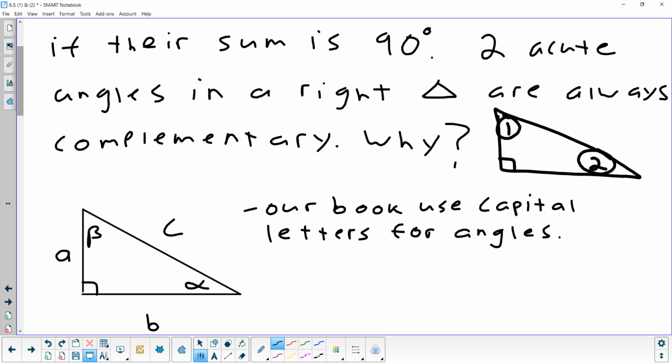But when we don't know an angle, generally we use a Greek letter. Now, our book doesn't do it that way, and I think it's confusing. Our book uses capital letters for angles and lowercase letters for sides. And you ask me, how do you figure out B? I'd have to be like, well, which B do you mean? The capital B or the lowercase b?